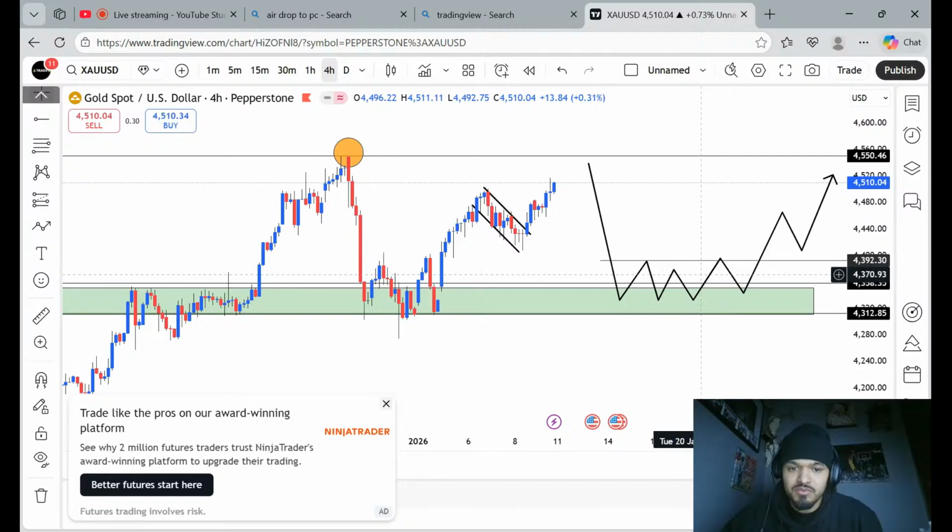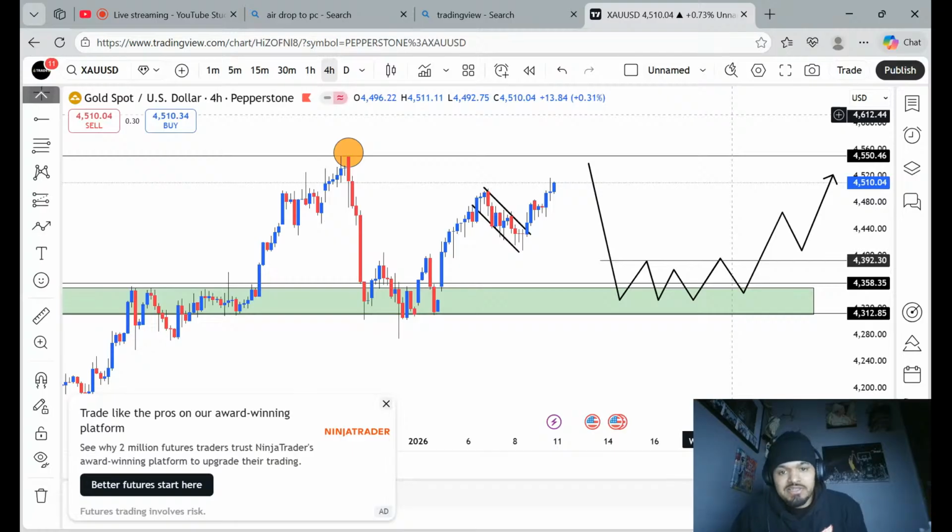We made a higher high and a higher low. Now price is going to push up again. This is the main thing you want to pay attention to when you're trading: higher highs, higher lows, lower highs, lower lows, stuff like that. If you can learn to read that, then trading becomes 20 times easier.